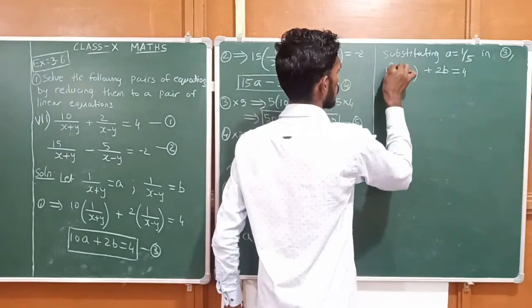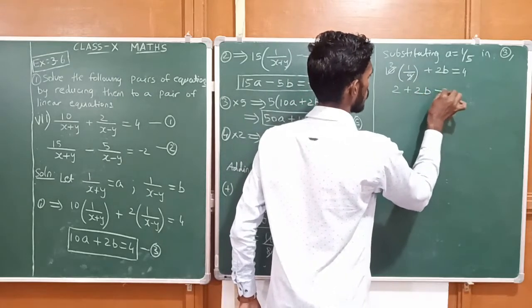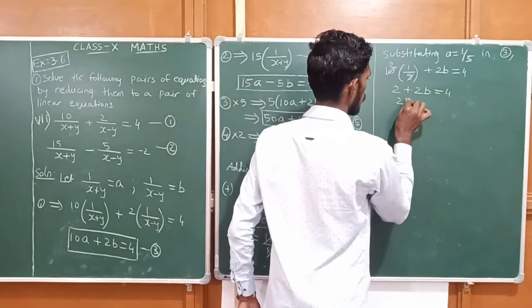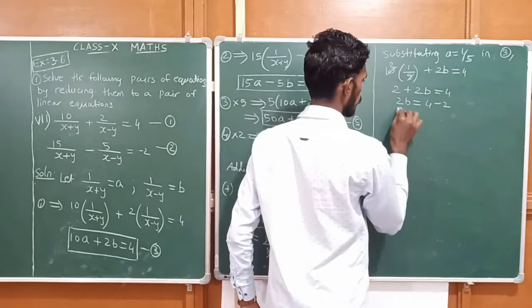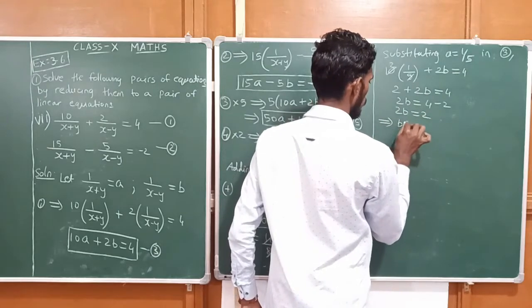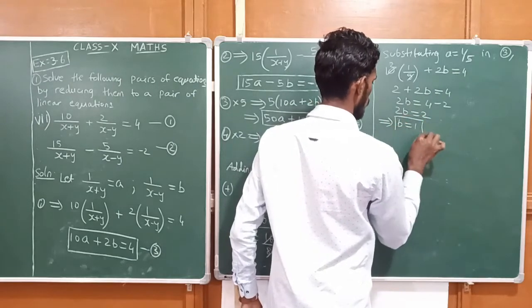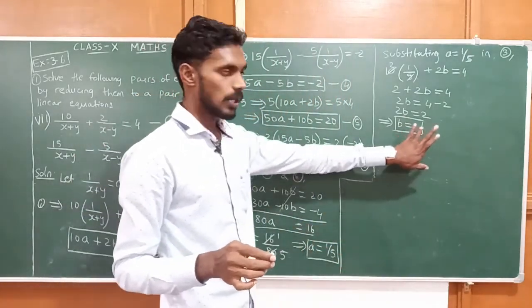Can cancel this. So it is 2 into 1, 2 plus 2b is equal to 4. When I take this 2 to right side it becomes minus 2. So 2b is equal to 2, which gives the value of b to be 1. Thus we have obtained the values of a is equal to 1 by 5, b is equal to 1.